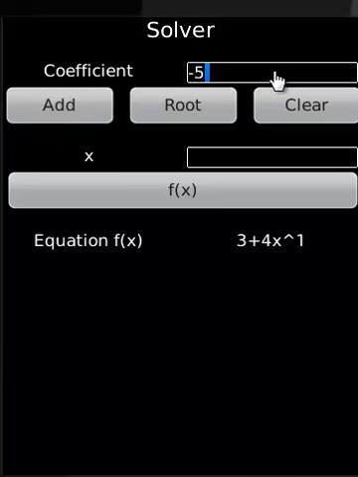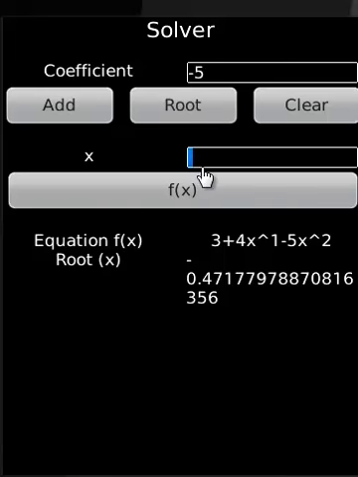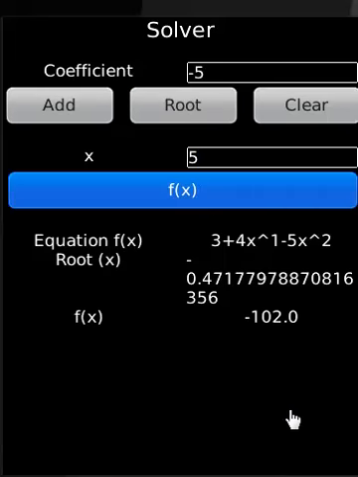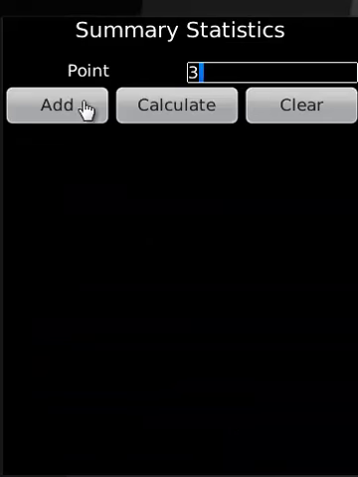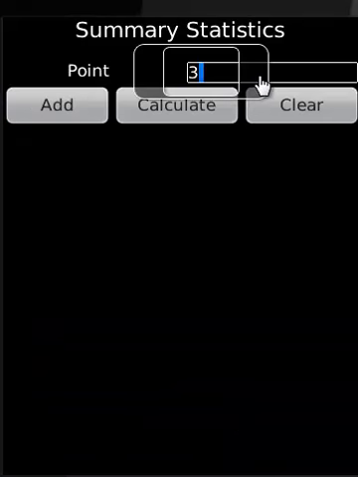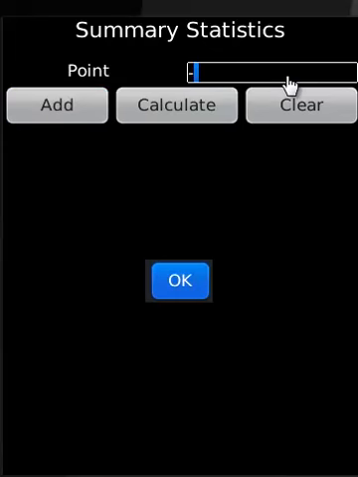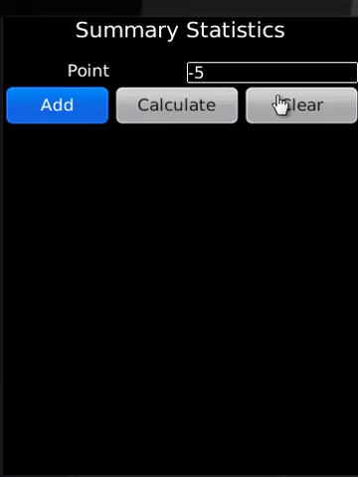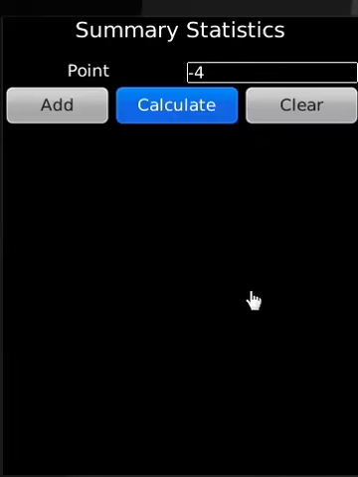Say minus 5, and let us see, hit the root. Okay, now if x value is 5, what is the y value? So now we covered that. Summary statistics, we add data points, and then it is going to produce various summary data for us. Okay, 4. So now let us calculate the summary.